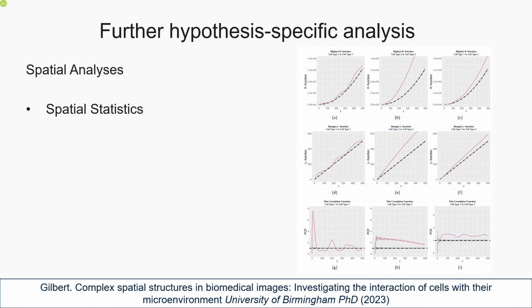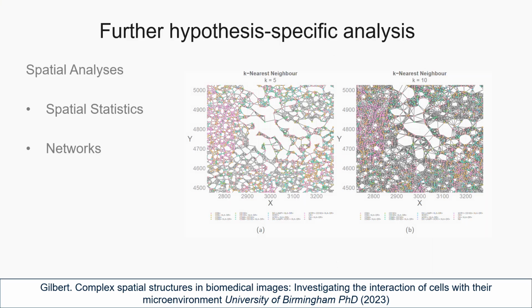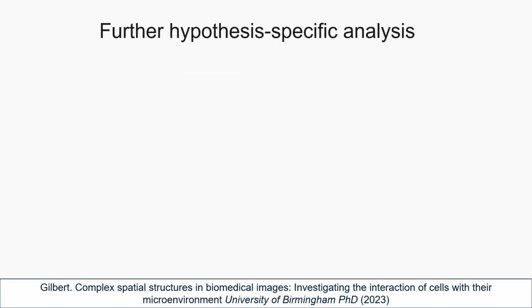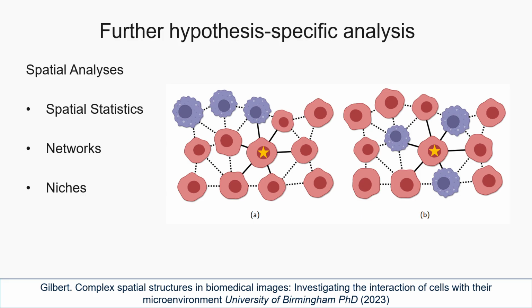Now, following that, this provides the foundations and objects to perform different spatial analyses. For example, we can perform spatial statistics. We can identify our different cells as part of a network. Introduce concepts such as niches.